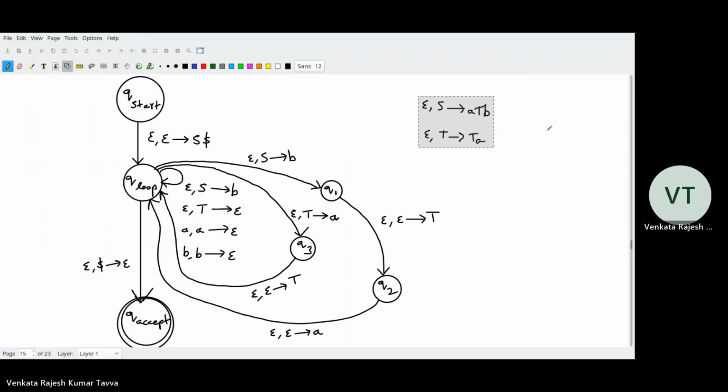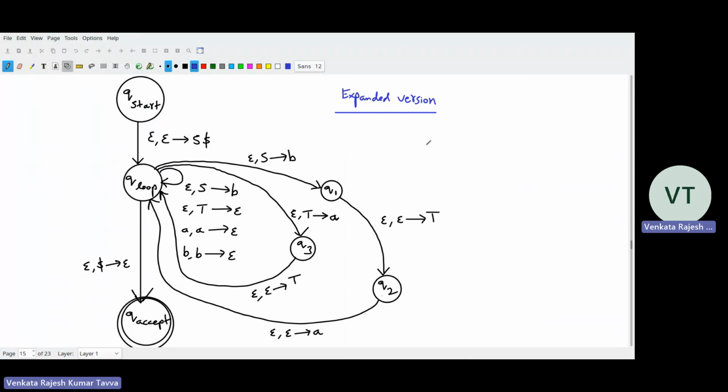So this is the expanded version. Clear? Any doubts? So given any CFG, we can convert it to a PDA. That's it. So the first part of the theorem is proved. Now let's move on to the second part of the theorem.